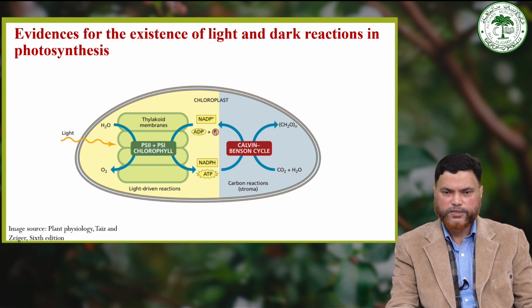Rubisco, for example, exhibits rapid decline in activity when light is turned off and slow recovery when light is turned on. Additionally, at least 4 other enzymes of the Calvin cycle are stimulated by light: 3-phosphoglyceraldehyde dehydrogenase, fructose 1,6 bisphosphatase, sedoheptulose 1,7 bisphosphatase, and ribulose 5-phosphate kinase.